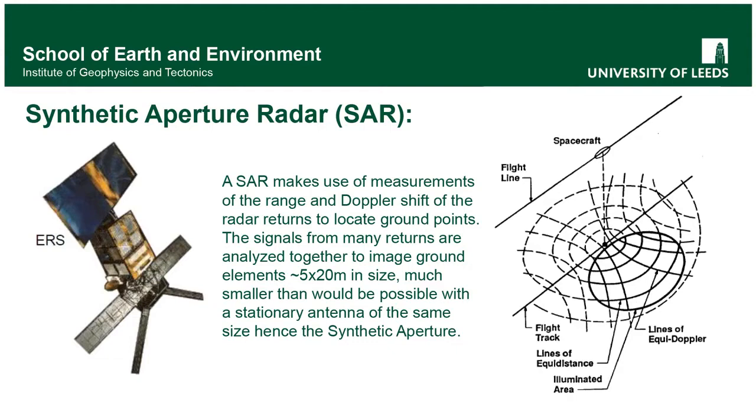So the image pixels are around 5 by 20 meters in size, and the antenna size is much smaller than is possible with a stationary antenna. For example, in the traditional way, to reach such image size, the antenna would be known to be kilometers long. But for synthetic aperture radar, it only takes a few meters. You can see the picture of the first InSAR satellite, ERS-1.